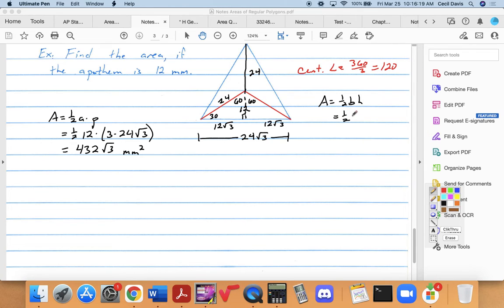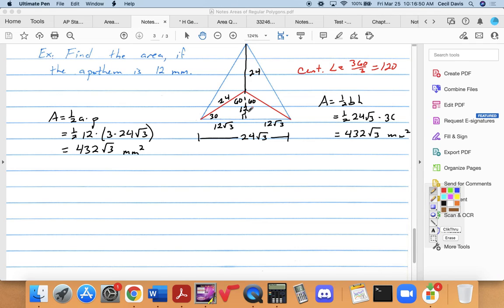So it'd be half of the base, which is 24 square roots of 3, times the height, which is 36, which should come out to be the same thing. The mistake people make on that is they want the whole height to be 24 because they think that's halfway up, and it's never halfway up on an odd number of sides. If it's an even number of sides, it is halfway up.